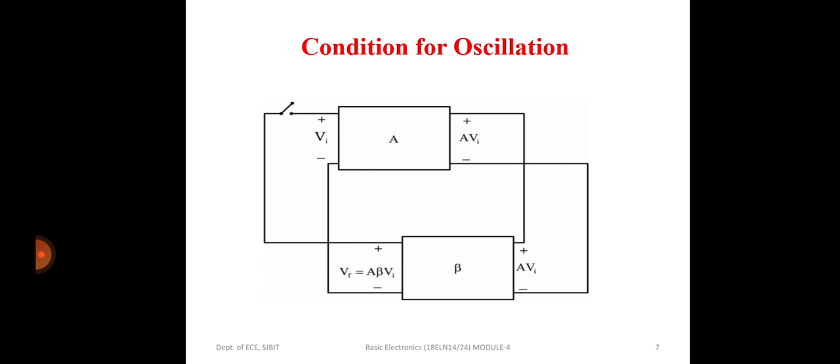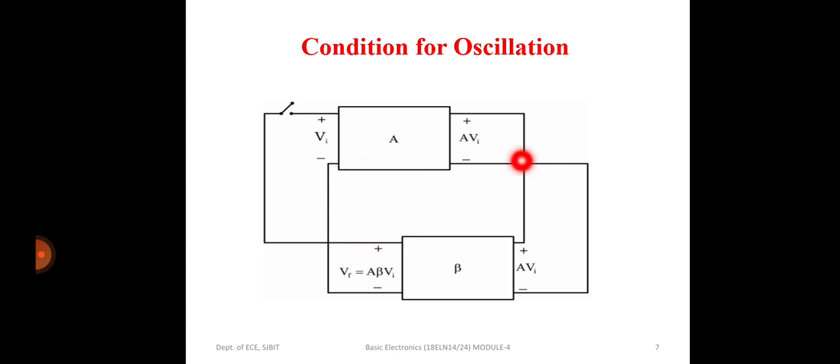Now, the overall voltage amplification from V in to Vf is 1. That is, we have the phase shift. Whatever output is produced has a 180-degree phase shift, and after passing that signal through the feedback network, again a 180-degree phase shift is expected at the Vf output voltage.